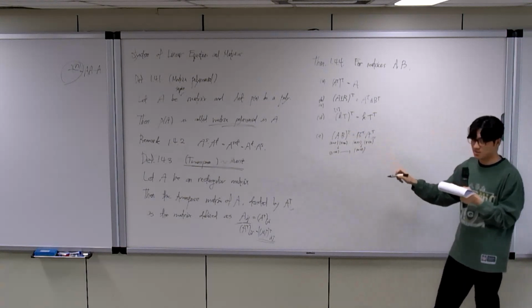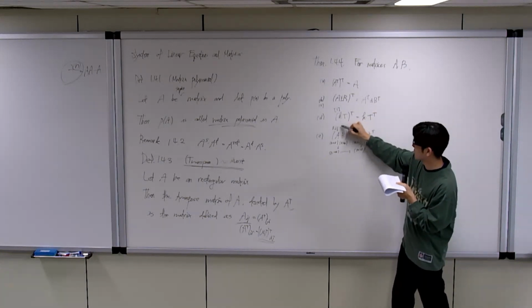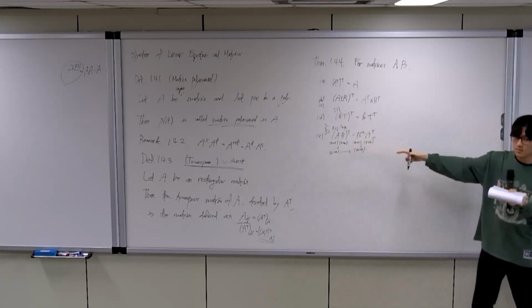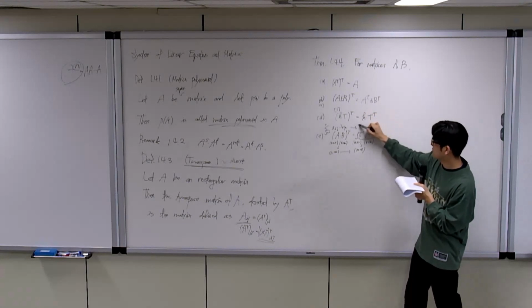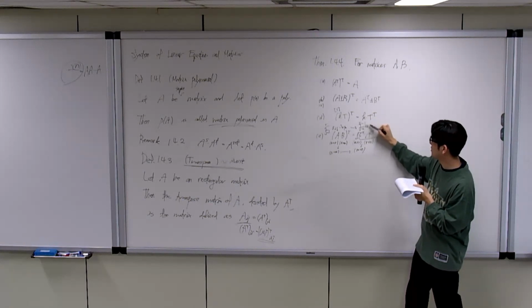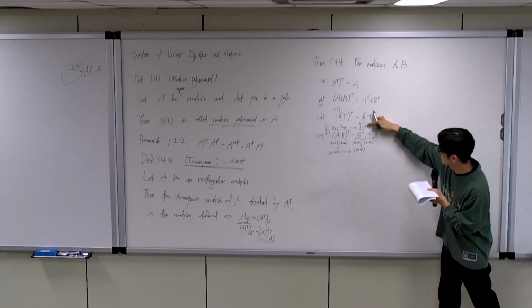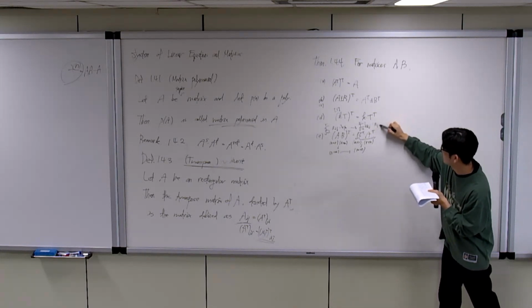If you take each entry a_ij times b_jk, with j from 1 to r, then you get the sum over j of b_kj times a_ji.